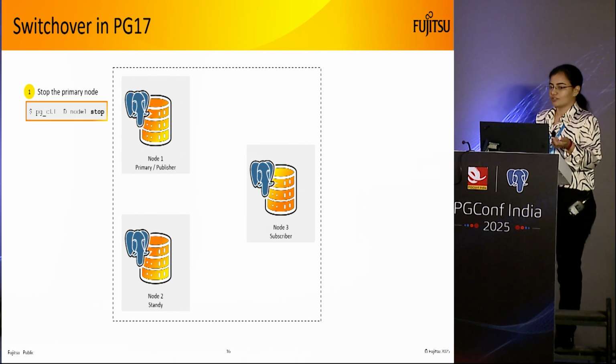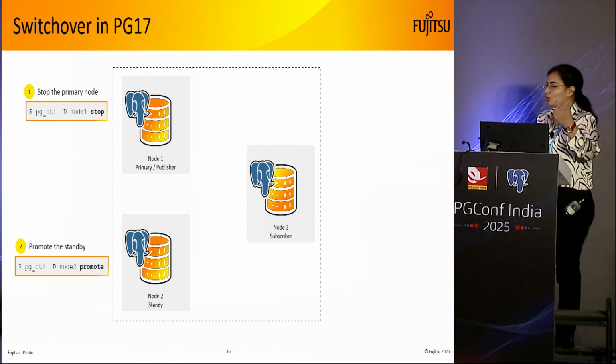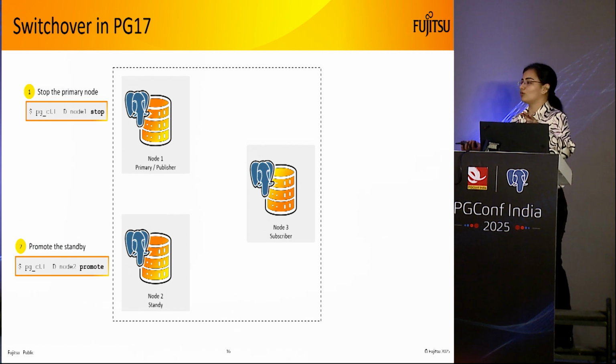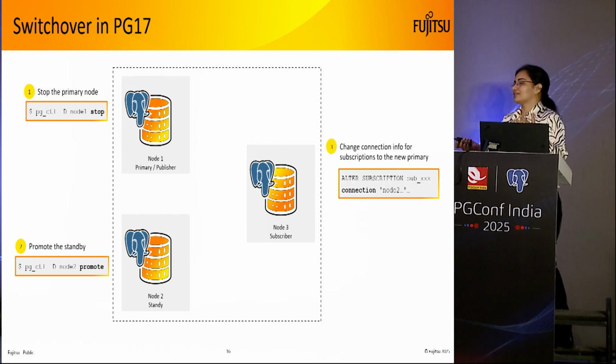So we will stop the primary, we will lose logical replication, we will promote node 2 as new primary, and now to resume the logical replication between node 2 and node 3, we have to execute only one simple step, because still the subscriber has no idea who is the new primary.